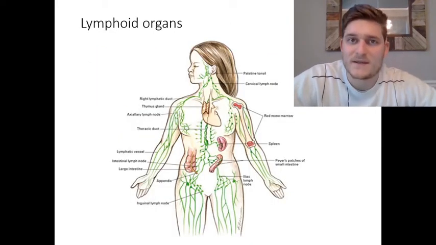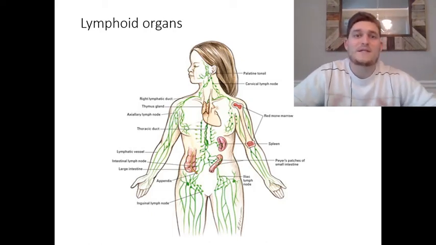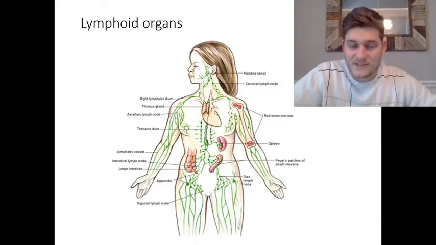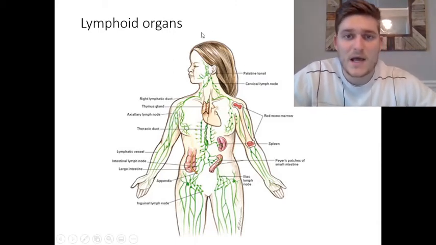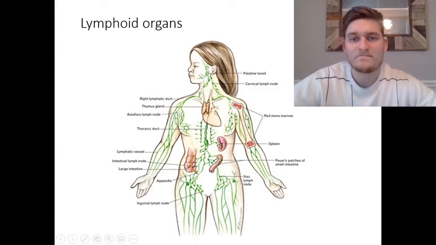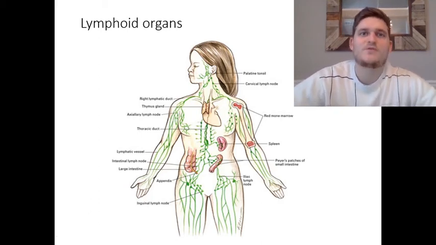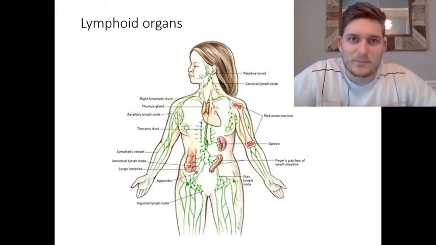First, let's discuss the lymphoid organs within our body. And we can classify them as either primary or secondary lymphoid organs. The primary lymphoid organs are the red bone marrow and the thymus gland located above the heart. And in the red bone marrow, we discussed how stem cells are eventually going to become the different blood cells.